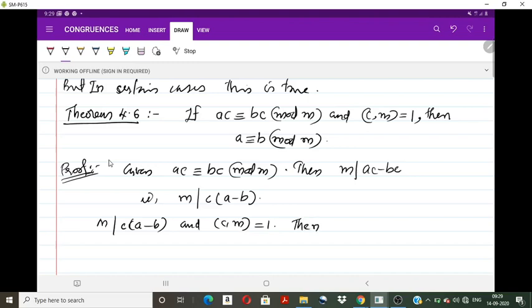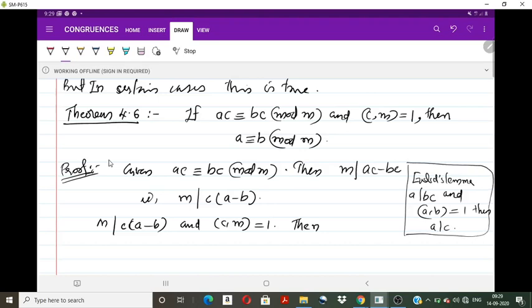Then we have already studied a lemma called Euclid's lemma, which states that if A divides BC and GCD of A comma B equal to 1, then A divides C. Applying this here, we have M divides C into A minus B, and GCD of M comma C is equal to 1.